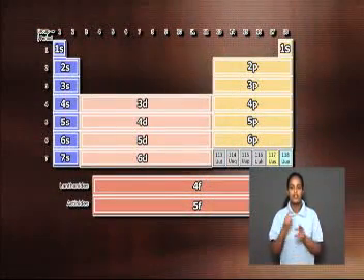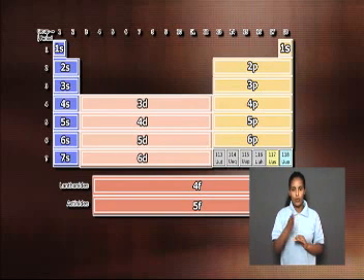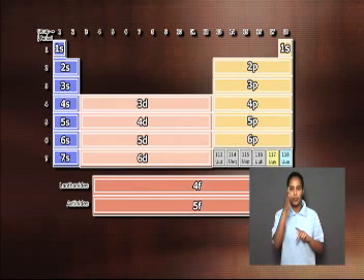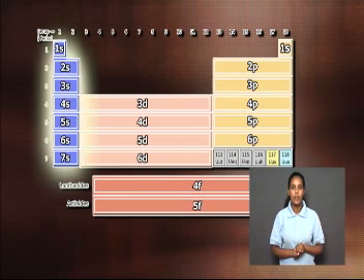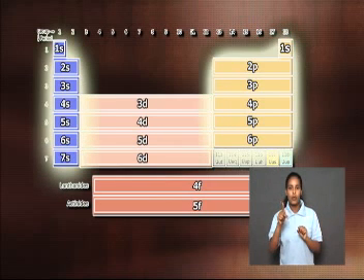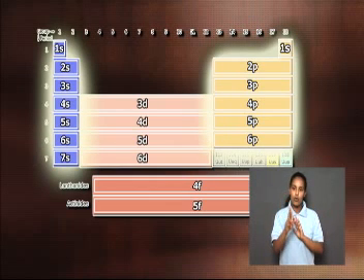The periodic table is divided into blocks, including the S block, the P block, the D block, and the F block. The S and P block elements make up the representative or main group elements.